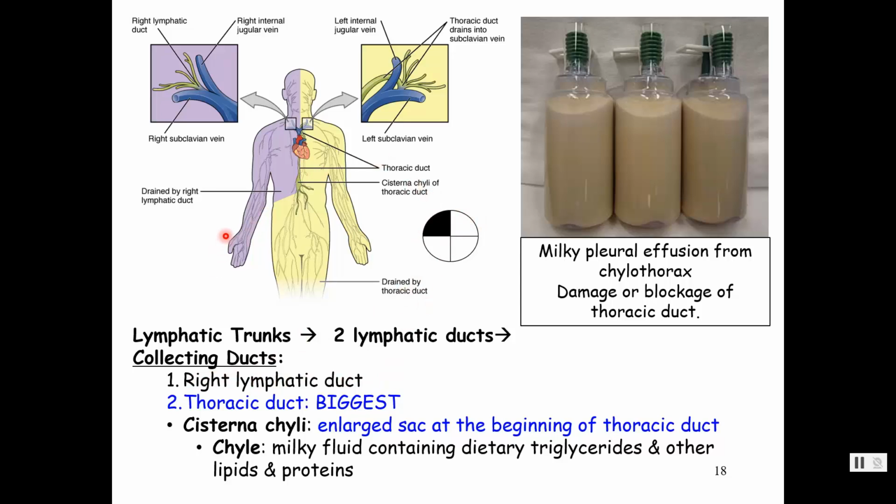It is only receiving lymphatic drainage from the right upper appendage, the right thoracic region, and the right side of the head and the neck. And so it's a short duct, and it enters right here in that right subclavian vein, right before it becomes the brachiocephalic vein.